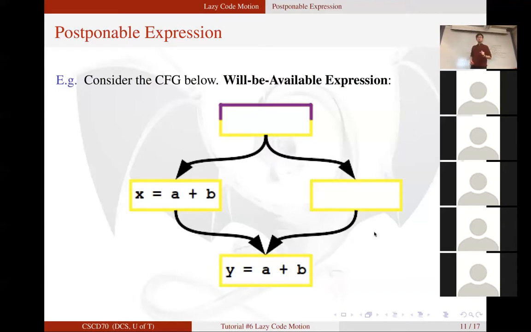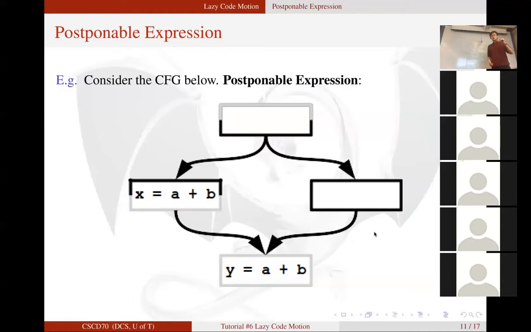Therefore, the earliest placement is the top basic block. As we have shown, this solution is good for partial redundancy elimination, but it's not good enough. Let us now try to postpone the earliest placement as much as possible.